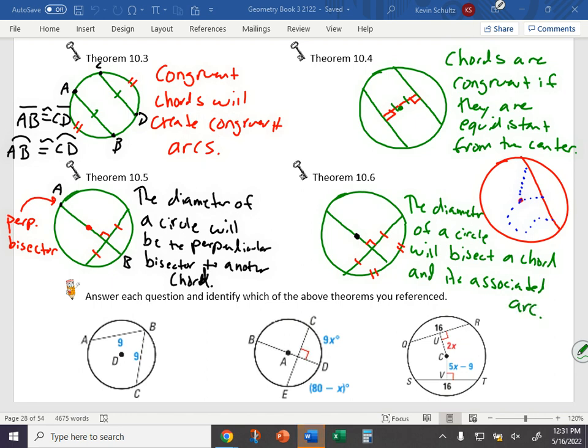The arc that was created, we'll call this CD here, arc CD, was bisected by the diameter as well. So the diameter bisected both the chord and the associated arc.